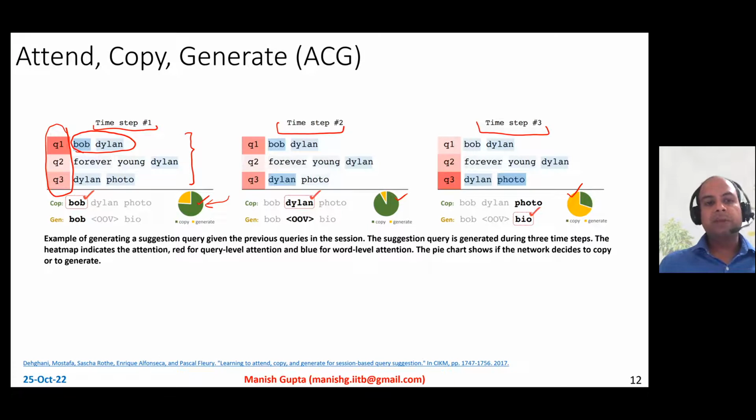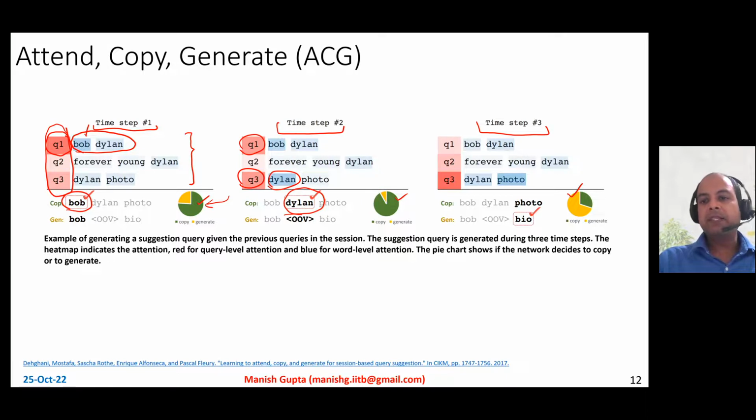As you see, at the first time point, it says, hey, copy something from Q1, and copy Bob with a very high probability. So it has basically copied Bob at the first timestamp. At the second timestamp, it says, hey, copy something from Q1 or Q3, and then copy Dylan with a very high probability, and therefore it ends up copying Dylan here.